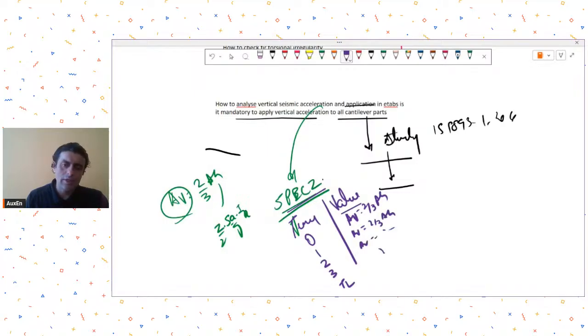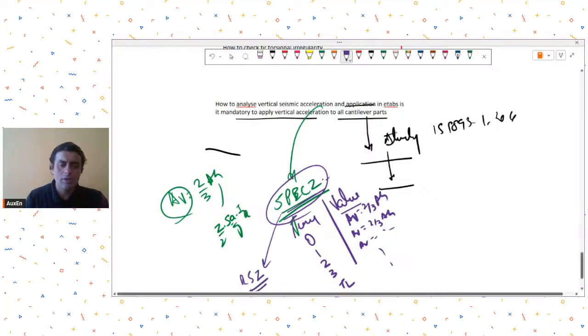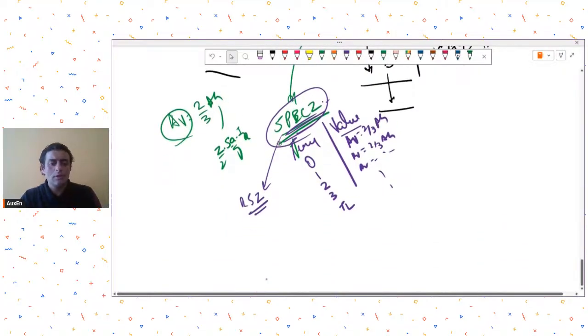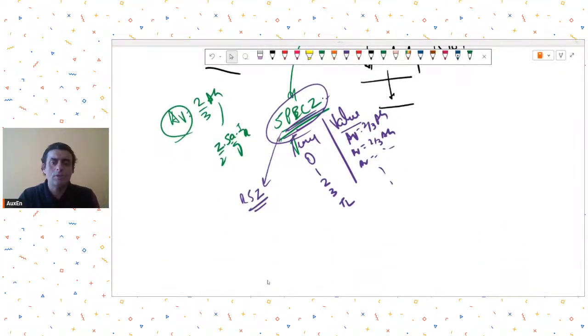This is how you will get your spec Z. Then use this in a response spectrum definition. Define an RSZ, let's say, use this spectral acceleration definition in that, and then incorporate it into the load combinations. So this is how you can do it.